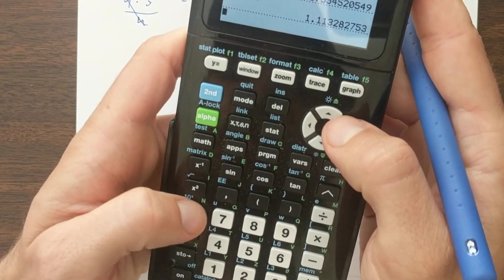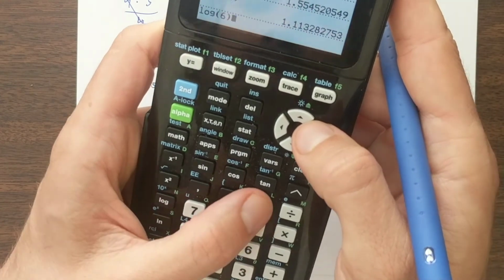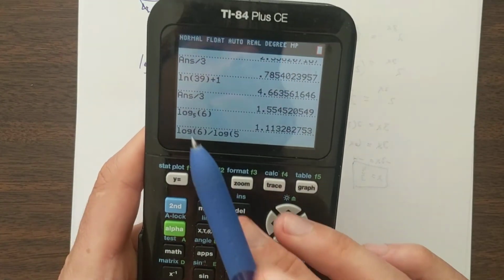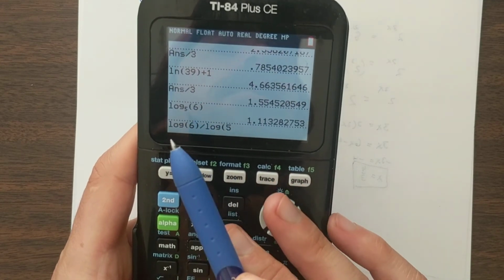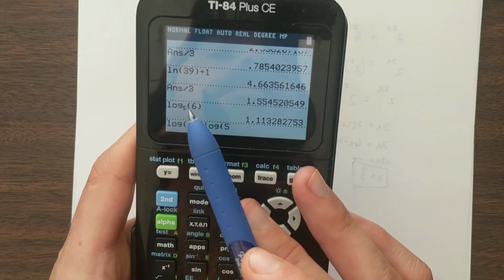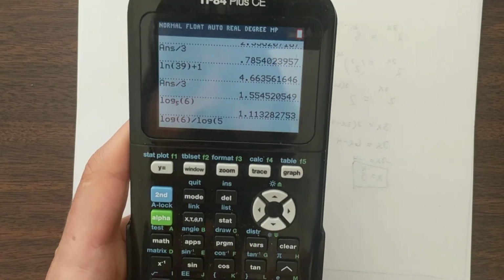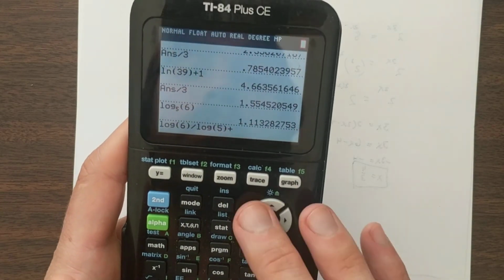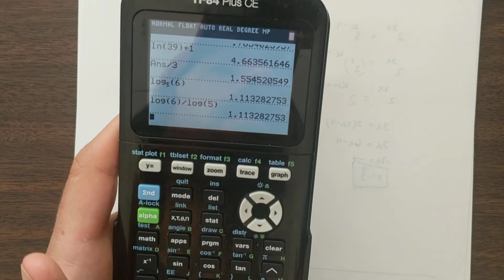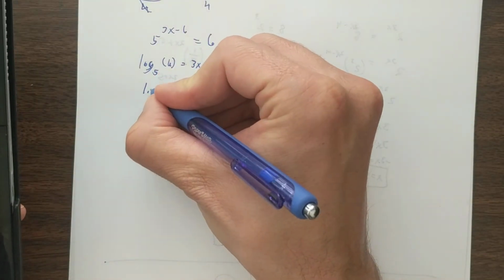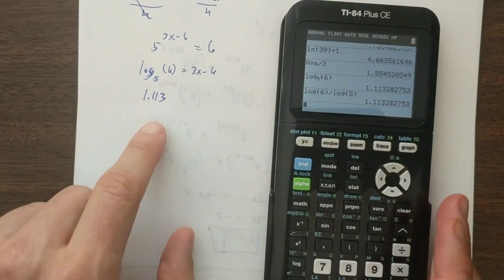Or you can do log of 6 divided by log of 5, right? So I can either use my log base function, or I can write it like this using my change of base formula. Whoops, didn't mean to put the plus there. And notice we get the exact same answer. So this is 1.113.